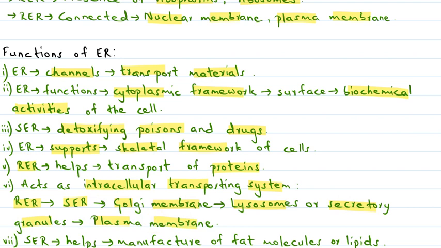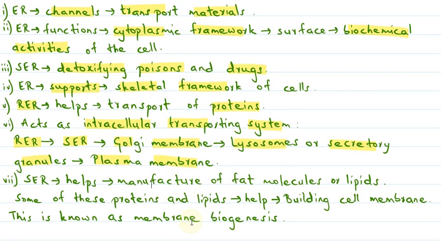Then we also discussed about a term called membrane biogenesis. So this membrane biogenesis is performed by SER. What SER does is, it helps in the manufacturing of fat molecules or lipids. Some of these proteins and lipids help in building the cell membrane, and this process is known as membrane biogenesis.